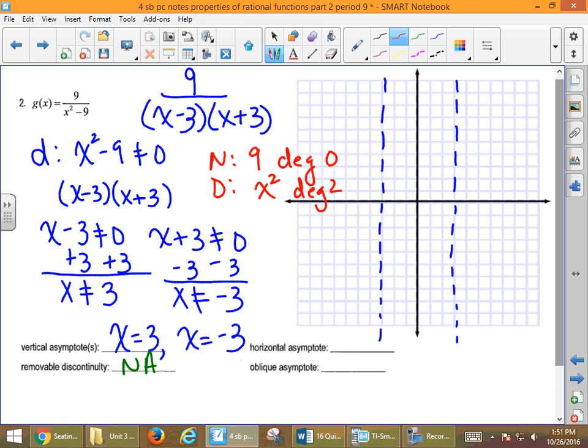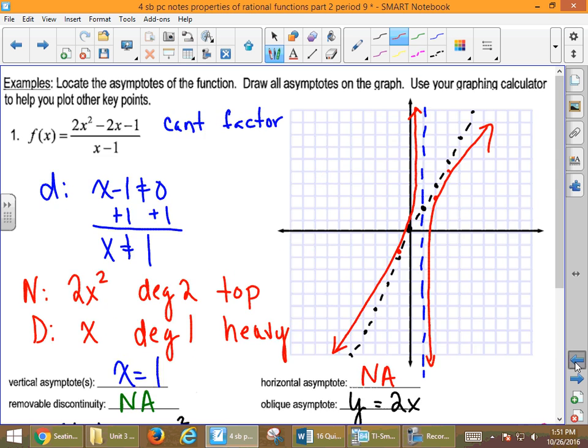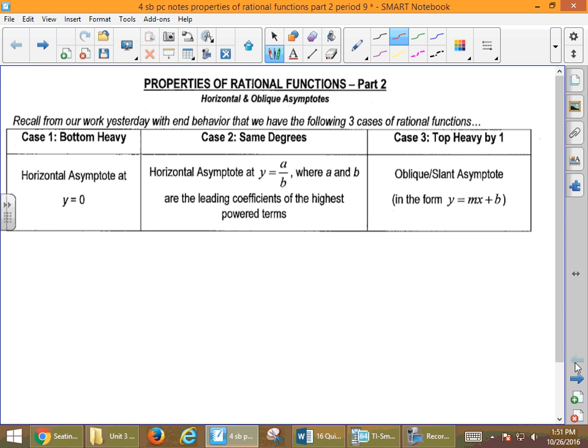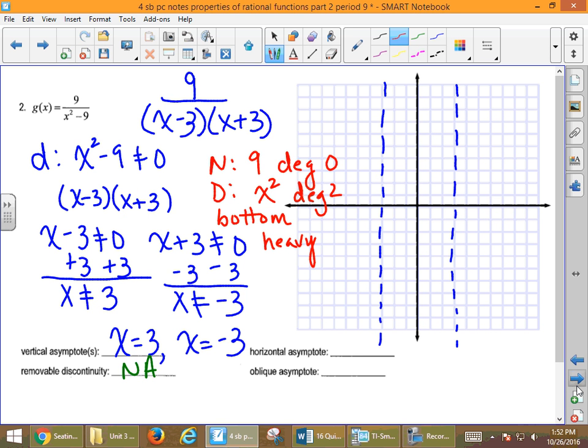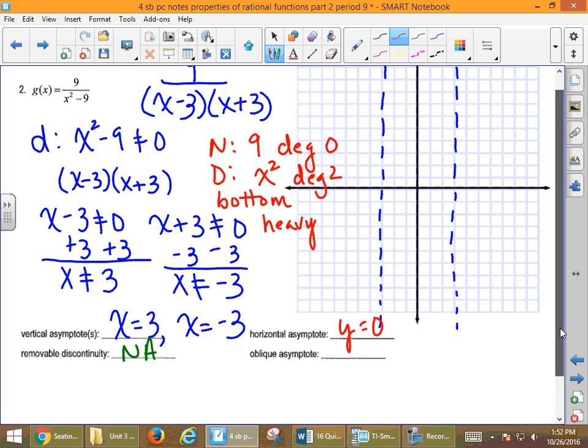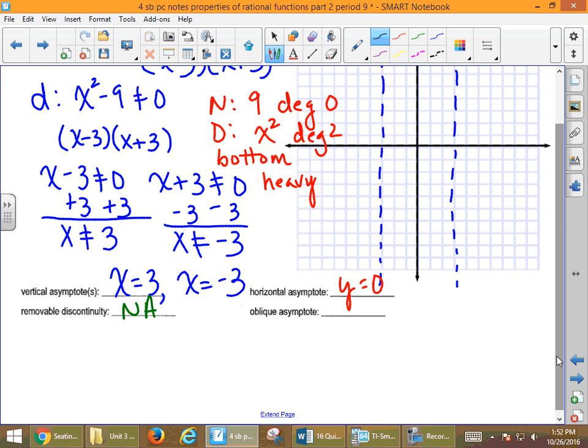What we can tell from that is that we have a bottom-heavy function. And if we look back at our chart, bottom-heavy says that we have a horizontal asymptote at y equals 0. We don't even have to calculate anything. And the thing is, if we have a horizontal, we don't have an oblique, and vice versa. So no oblique here.